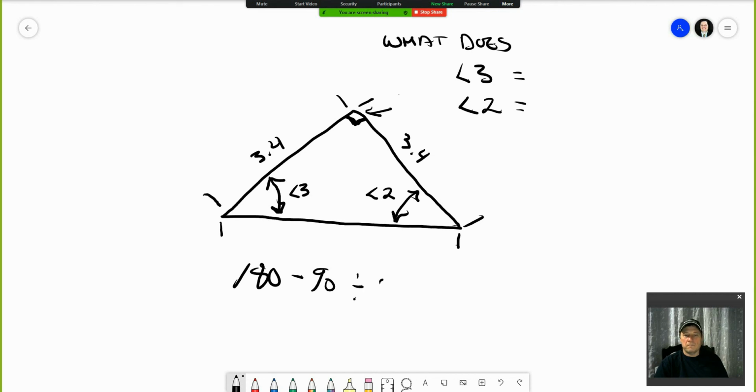And then the answer for that, divided by 2, because angle 3 and angle 4, or angle 3 and angle 2 are equal. You got it. 45 degrees. So don't let the description of the triangle confuse you. Identify the triangle first, but then look for the information.